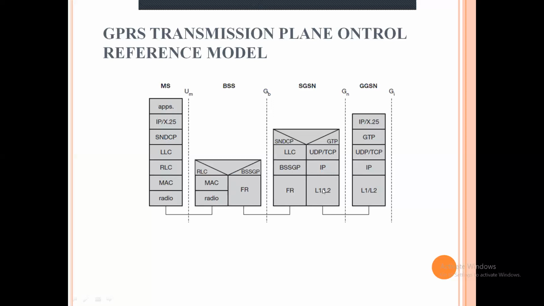These are the protocols at the SGSN, serving GPRS support node, and these are the layers at the gateway GPRS support node. Now we are going to discuss the mobile station layers.